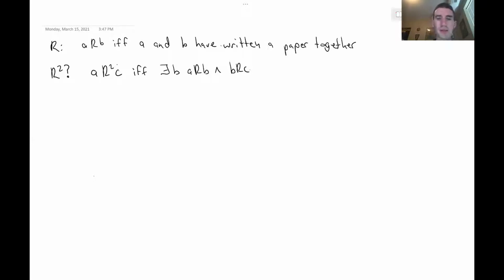For this specific example, A relates to C using R squared if A's written a paper with someone and then that someone's written a paper with C.